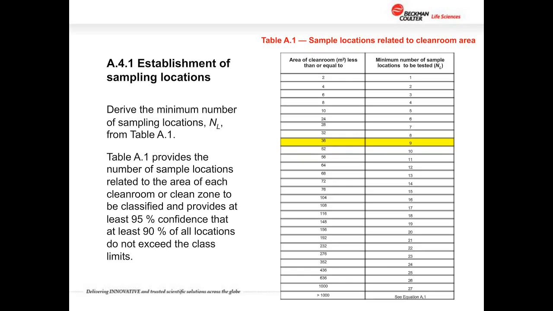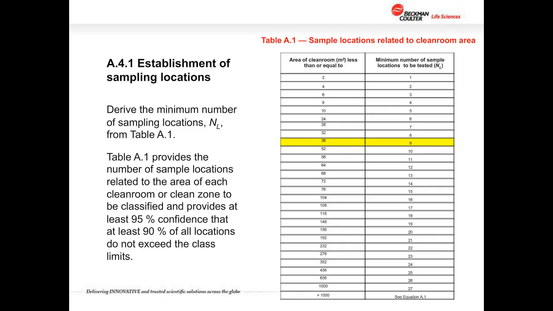Okay. So if we look at the chart, the important thing we notice here is, for example, in the sizing, the numbers for most sizes will have increased. For example, if we took 36 square meters as an area that we're interested in defining the minimum number of sample locations, in the previous method we would have said, take the square root of that area in square meters, and that will define the minimum number.